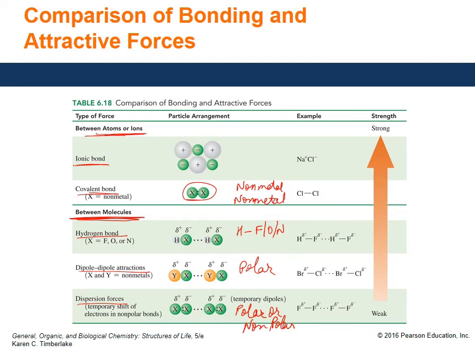An ionic bond is present between metal and non-metal. When we talk about strength, dispersion is the weakest, then dipole-dipole, then hydrogen bond, then covalent, and then ionic. This is the strength of these bonding and attractive forces.